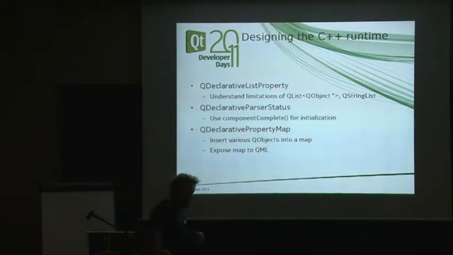QDeclarativePropertyMap. I told you before that you should try to avoid injecting properties into your root context. You should avoid that if possible, and if it's not possible, try to only do one. And that's where QDeclarativePropertyMap comes in.